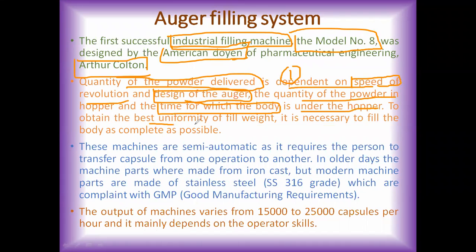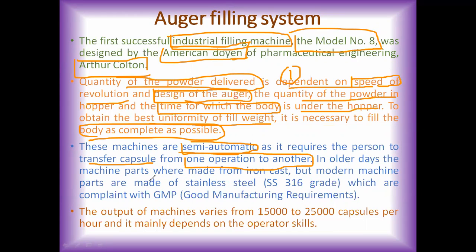To obtain the best uniformity of weight fill, it is necessary to fill the body as completely as possible. Now these machines are semi-automatic in nature, and it requires the person to transport the capsules from one operation to another.